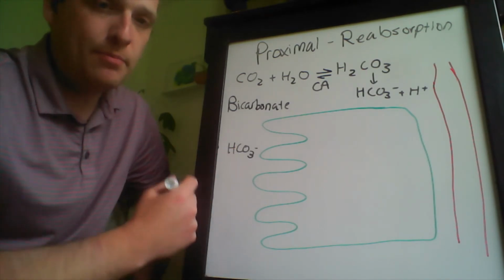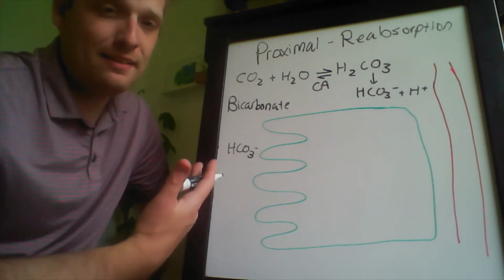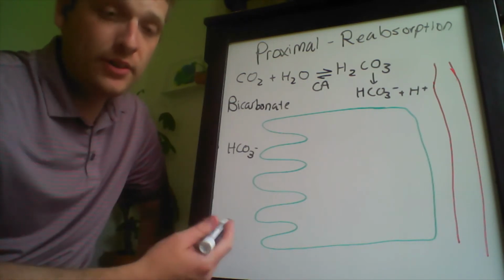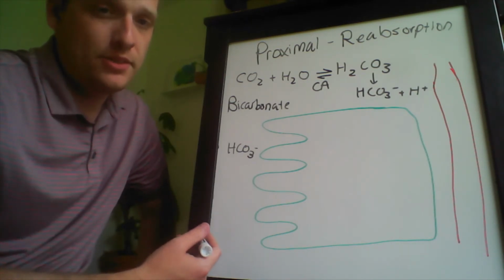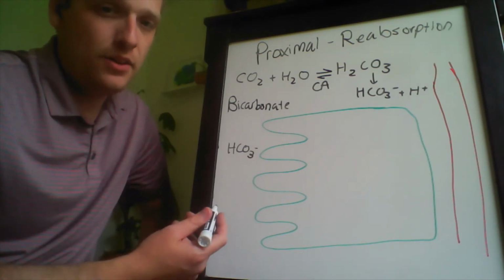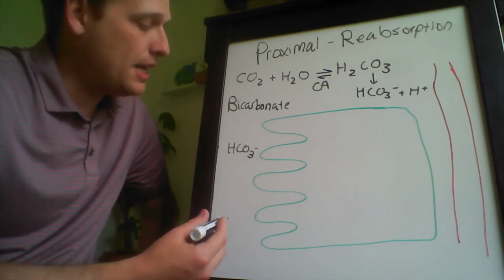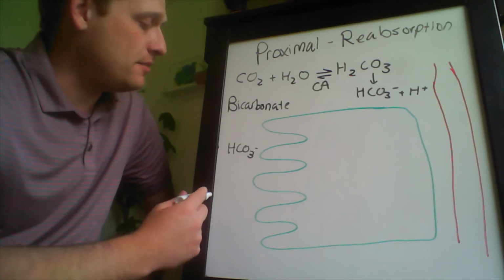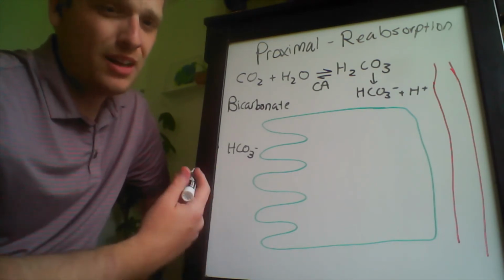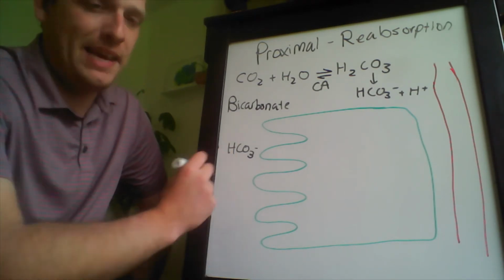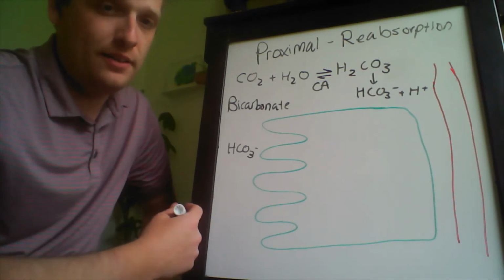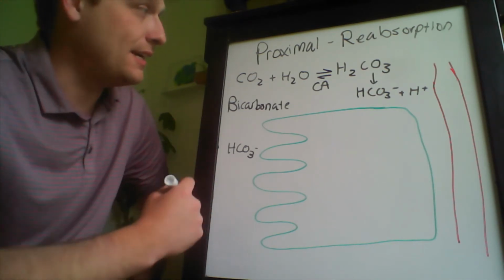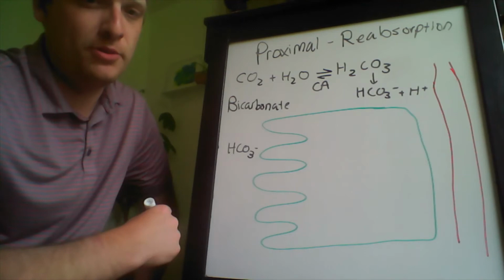So this is a great buffering system, and this ion is going to be critical for our body's ability to maintain acid-base homeostasis. There's lots of bicarbonate in the blood, and it's a relatively small molecule, so lots of bicarbonate is going to make it into the filtrate inside the proximal tubule.